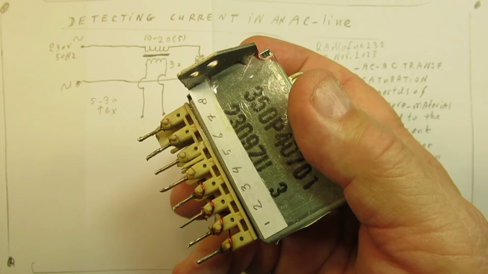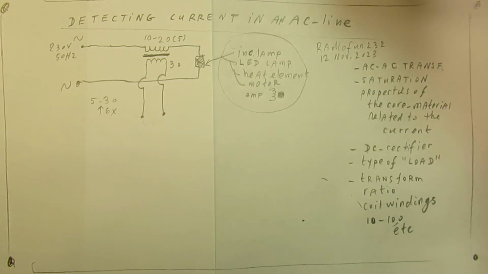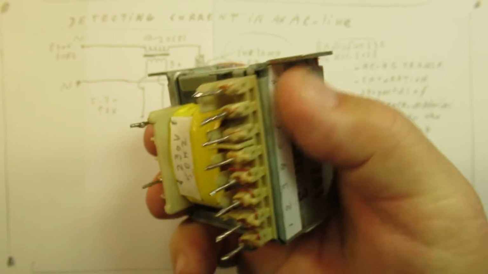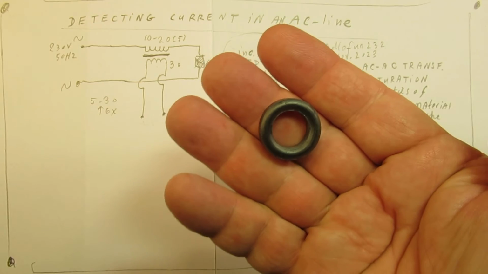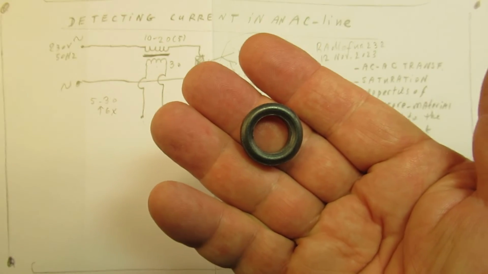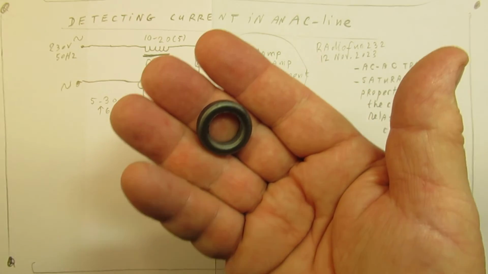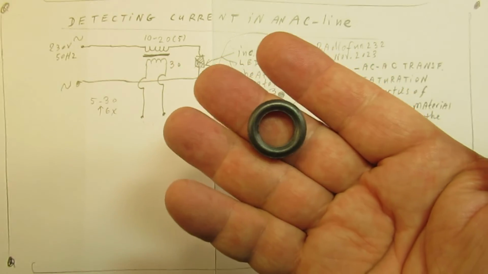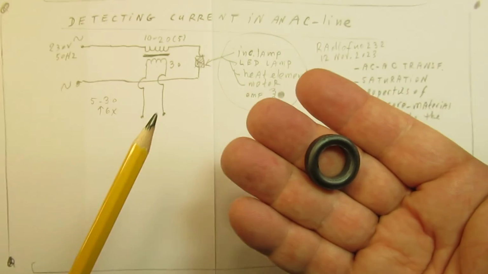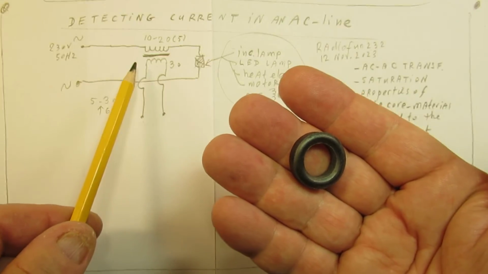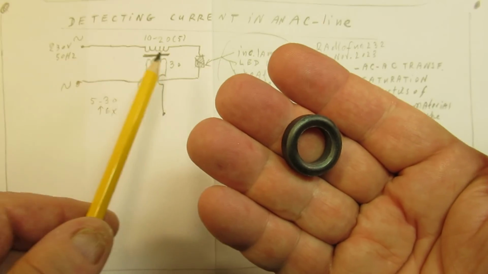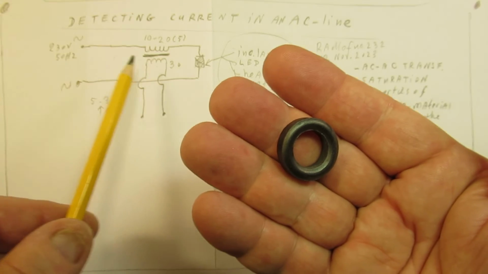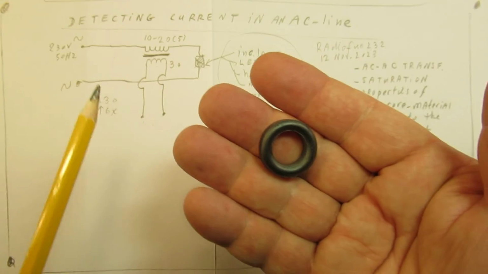Anyway, when you want to use a coil for such a circuit that does not saturate so easily, you can use this. This is a ferrite ring core, and you can make, for instance, a current transformer, to pick up the maximum current or smaller currents on AC.